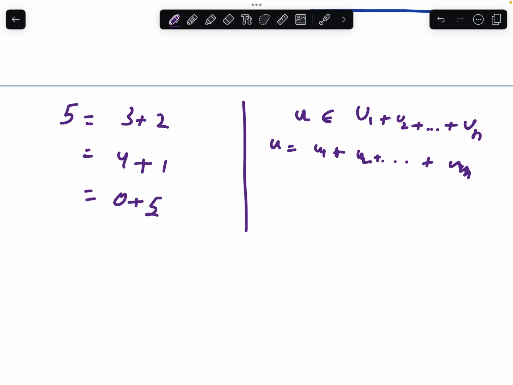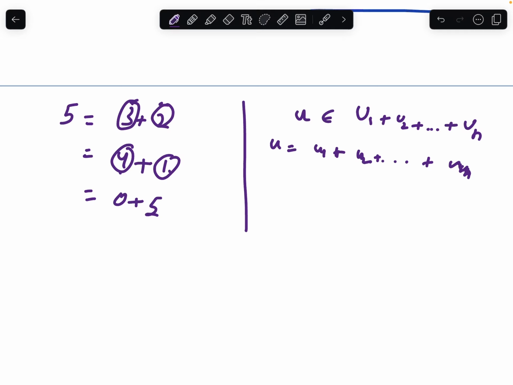It is possible that it can be written in different ways. So here, 5 written as a sum of two elements may not give a unique representation. See, in this case we have 3, 2, and in this case we have 4, 1. So summands may not be unique.